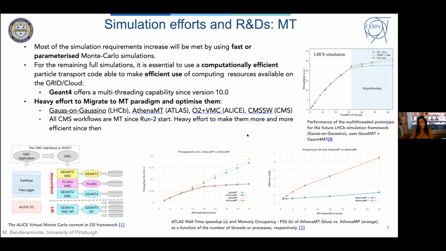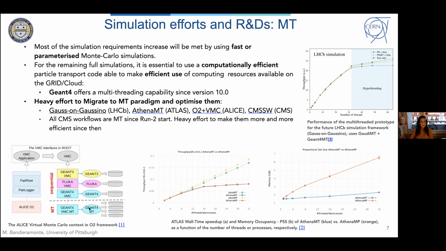So we will see for Run 3, for example, that LHCb will use this new Gauss-Gaussino system, and here you can see some nice results about throughput and scaling. ATLAS will use AthenaMT, and here you can see some nice plots about scaling in throughput, but mostly about gain in terms of memory footprint in comparison with a multi-process paradigm.